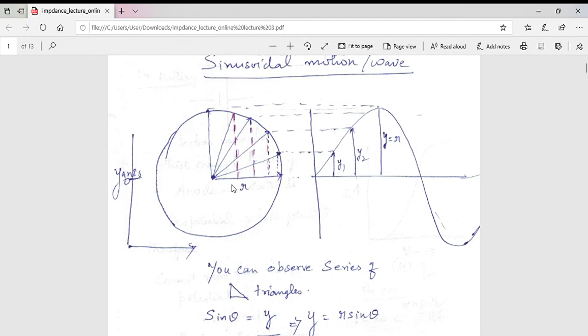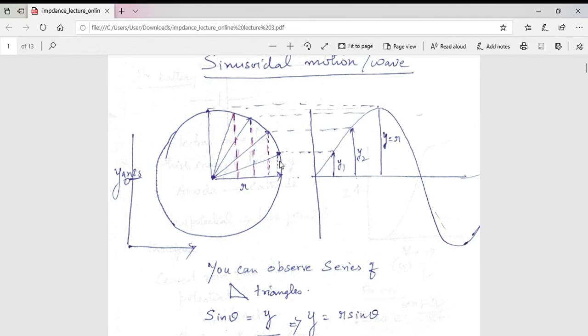Sweep a little more, and it forms another right angle triangle, a little more, one more. What is sine theta? Sine theta is the opposite side over the hypotenuse. So this length, which I call y, is equal to r times sine theta. So r is like an amplitude whose value is modulated with sine theta.